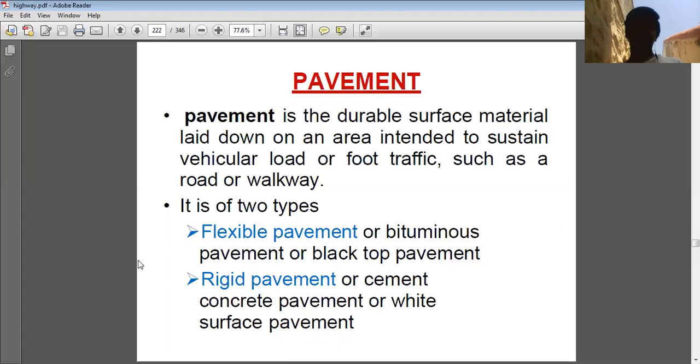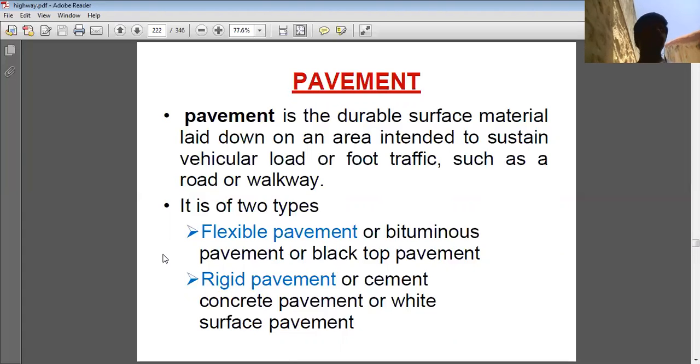What is pavement? Pavement is a durable surface material laid down on an area intended to sustain vehicular load or foot traffic, such as a road or walkway. It should sustain vehicle load, because heavy vehicles with high weight travel on the roads.